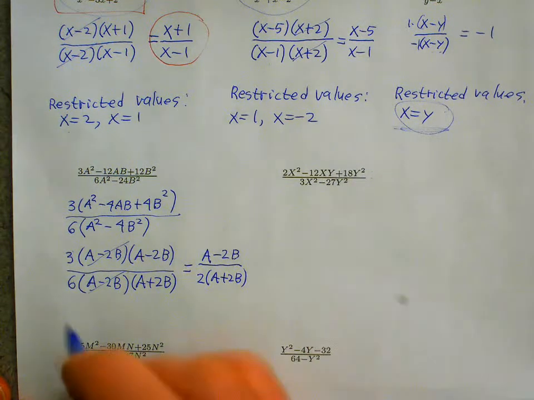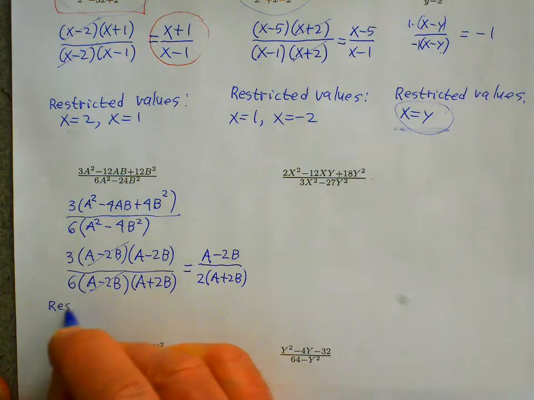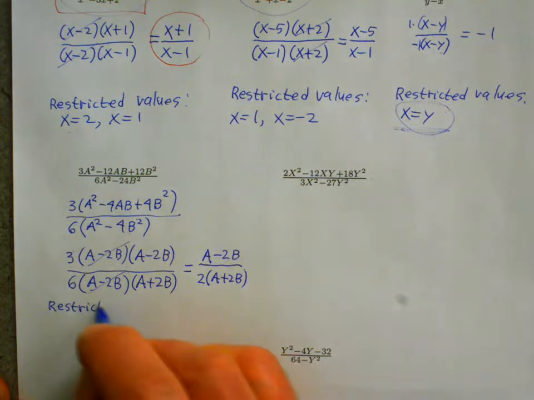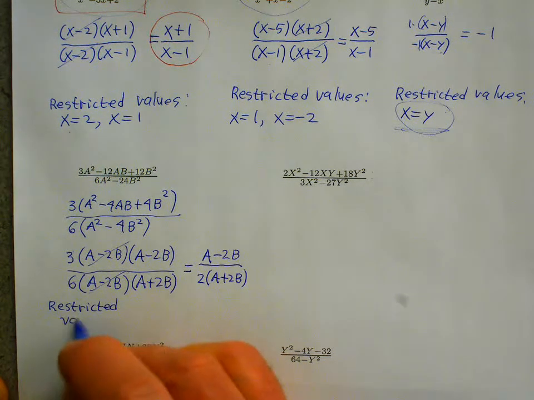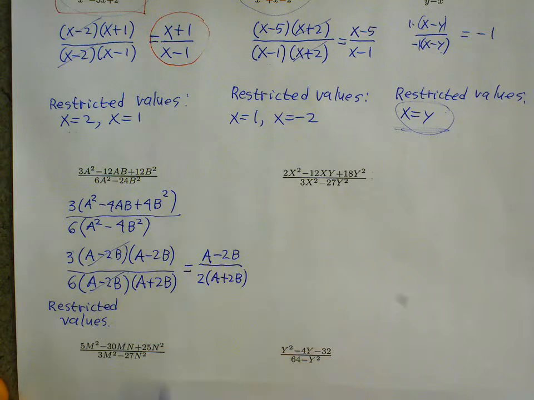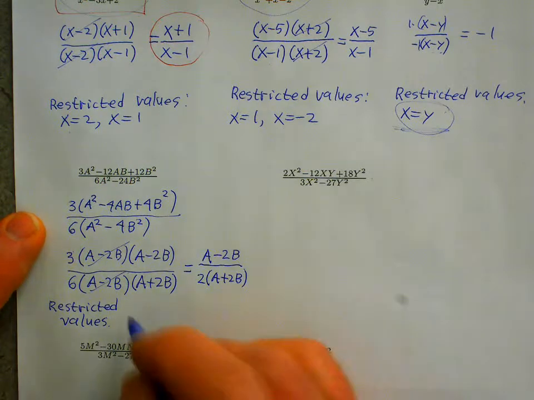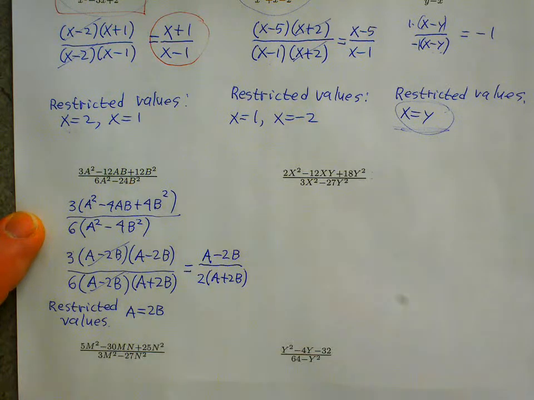The restricted values: one of the factors in the denominator was a minus 2b. So anytime a is equal to 2 times b, that's restricted.